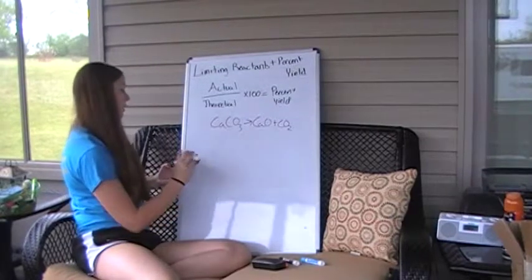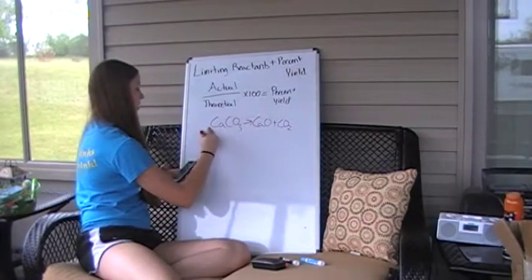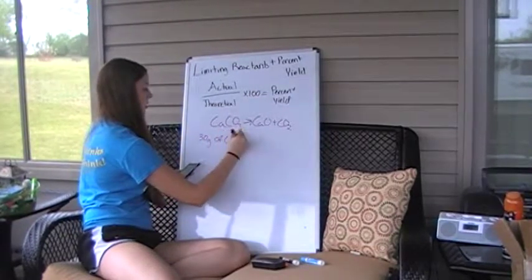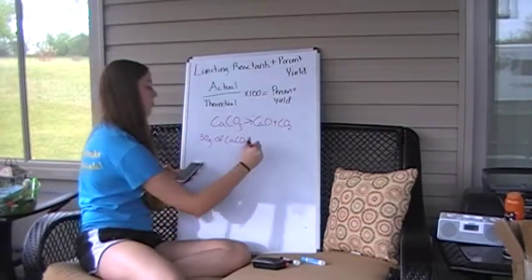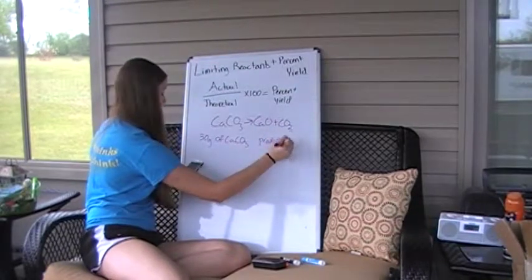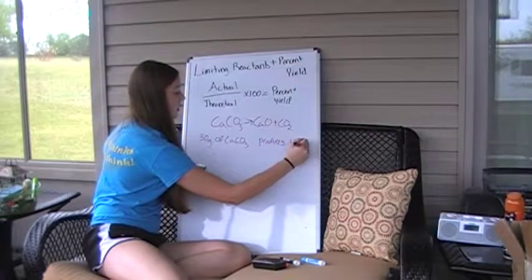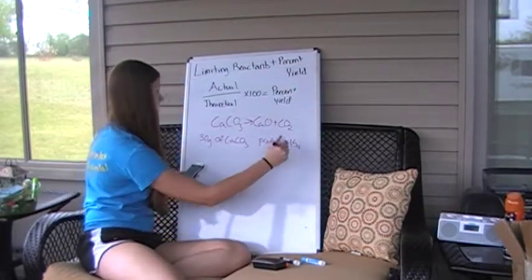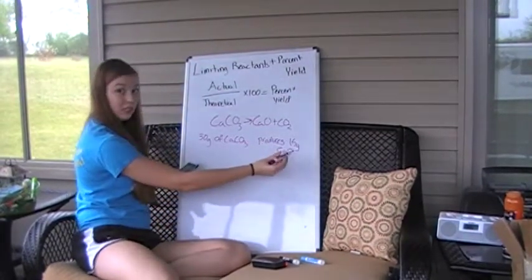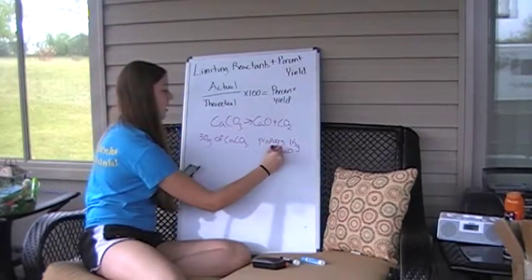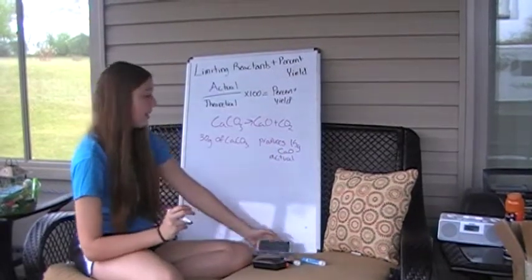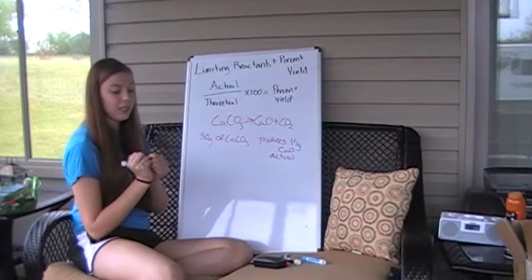And in the problem, you are given 30 grams of CaCO3, and it produces 15 grams of CaO. So when it says it produces 15 grams of CaO, that is our actual number. So for this, we need to find what the theoretical yield is.